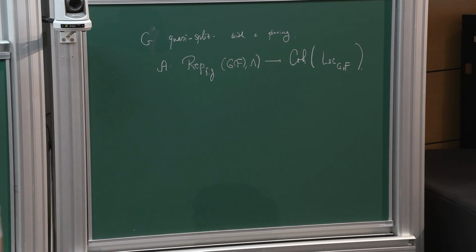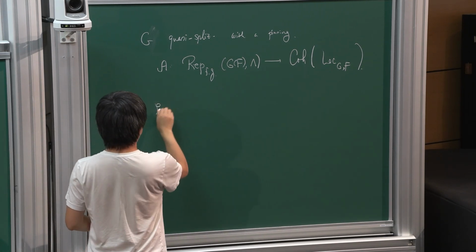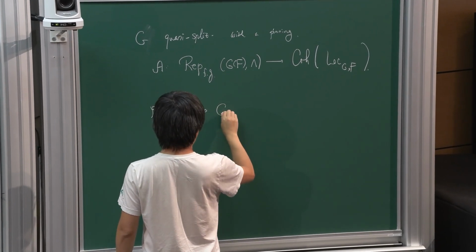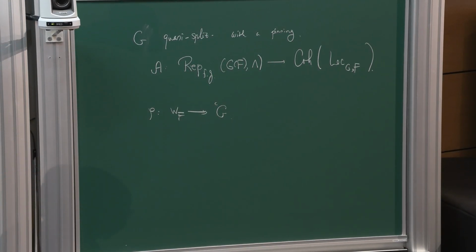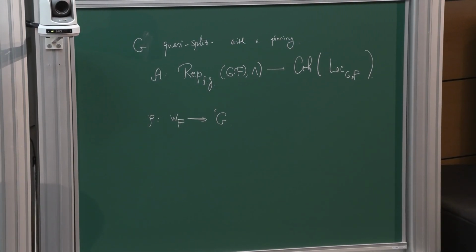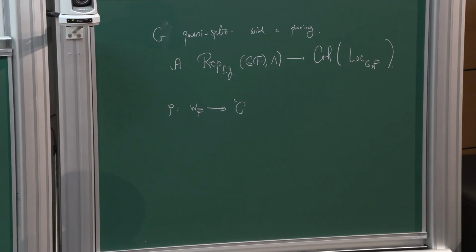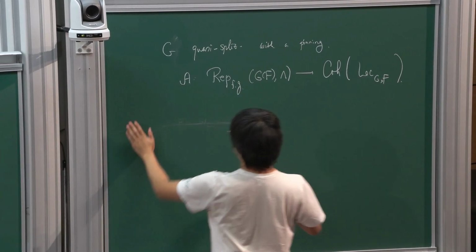Suppose I have a representation into G hat, which is discrete, meaning the centralizer modulo the center is finite. Let's even think about the simple cases.